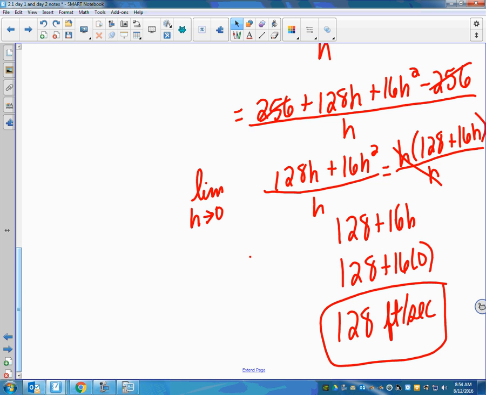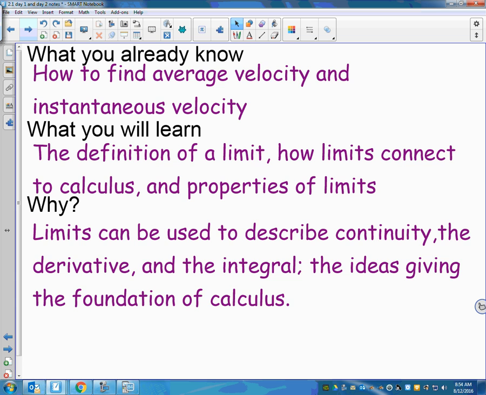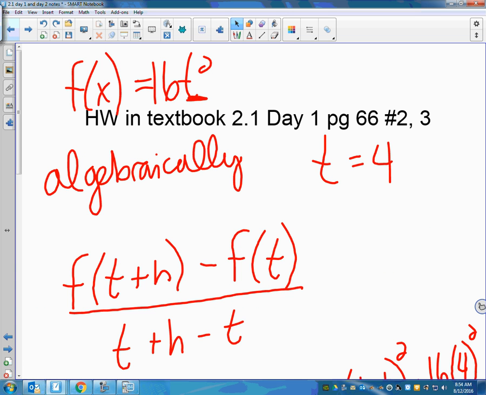Did you all finish that? Alright. In your textbook, I want you to do number 2 and number 3 on the average velocity.